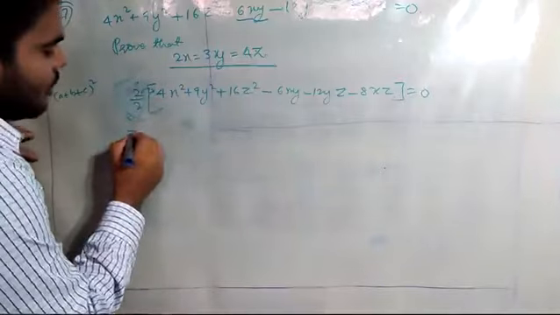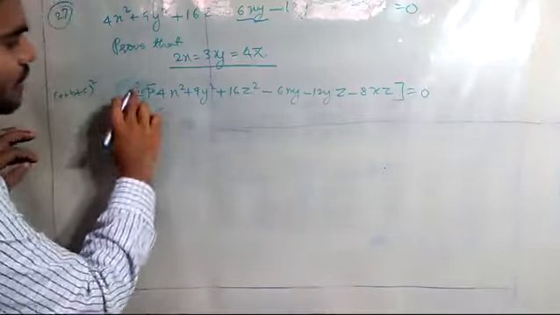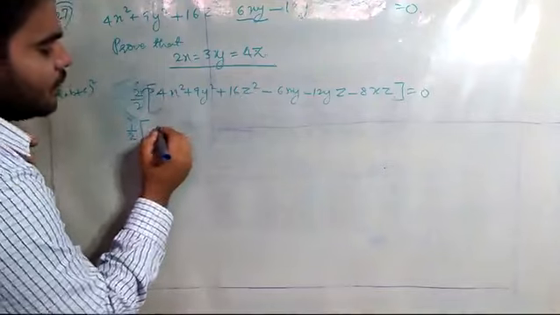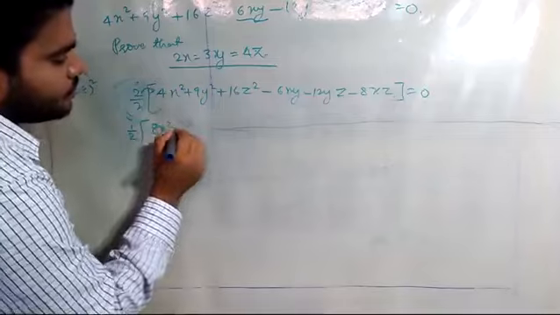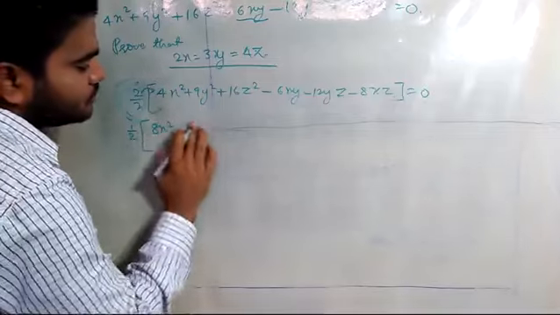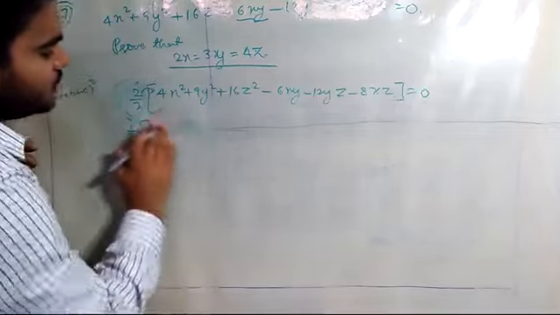I will be writing 1 by 2. Then 2 I will send inside. So it will become 8x square plus 18y square, or no need of that.